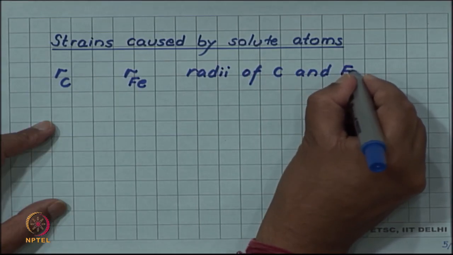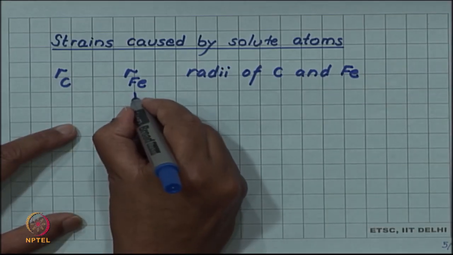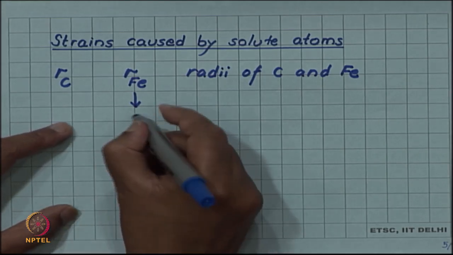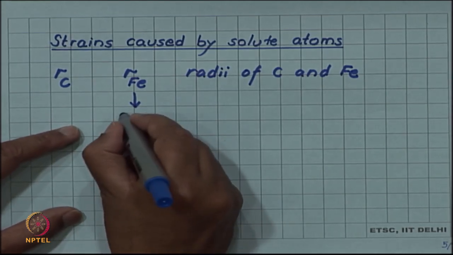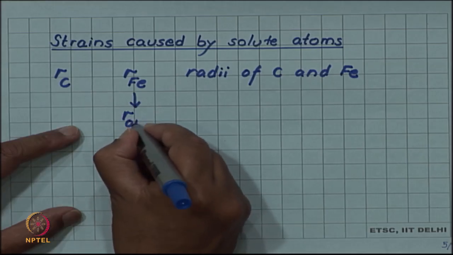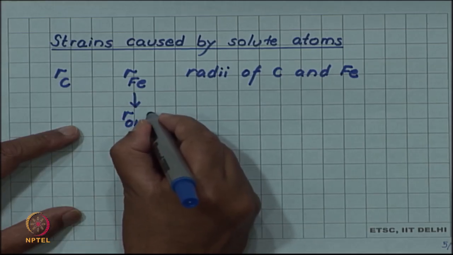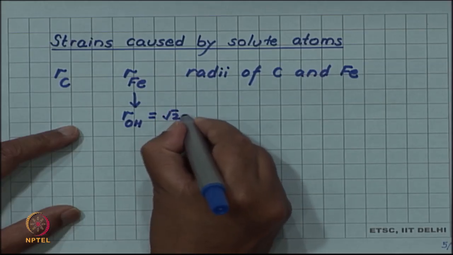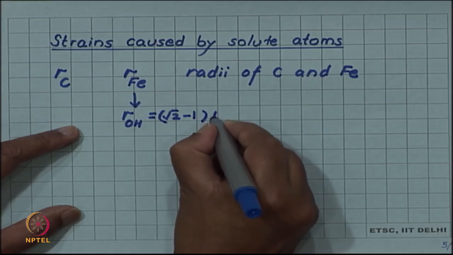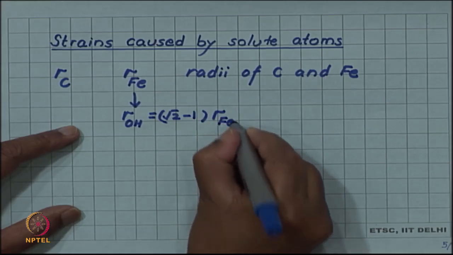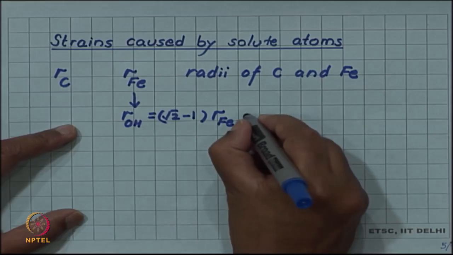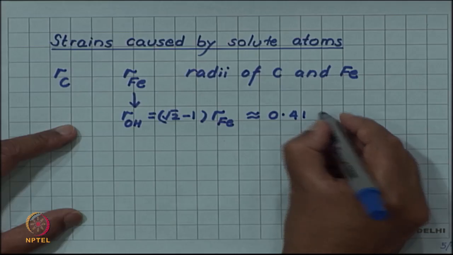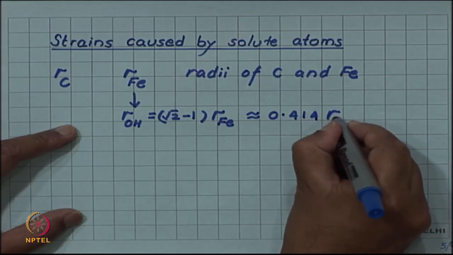Now, we know that the octahedral void will give you an accommodation for a maximum size. So, R octahedral, which is root 2 minus 1 times the radius of the atoms, in this case the iron atoms, which is about 0.414 R iron.